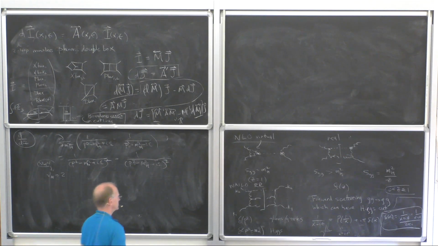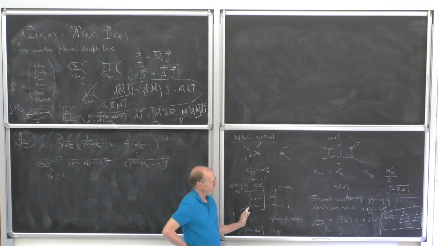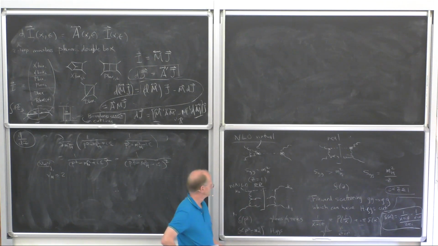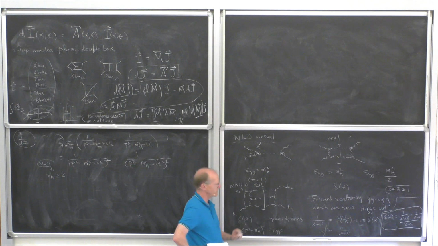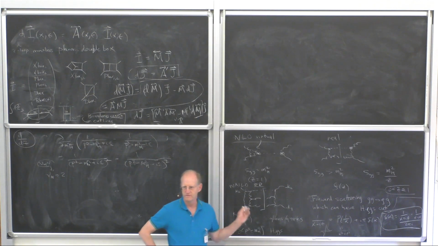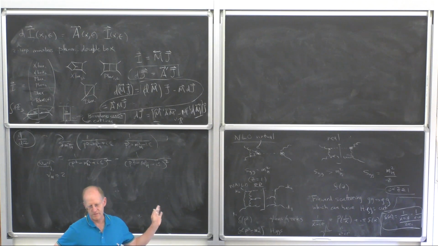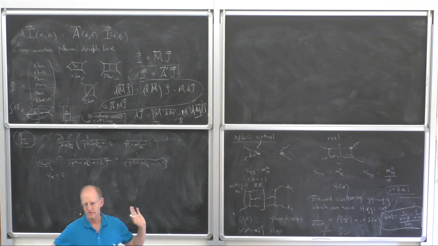Well, this is designed to do the phase space integrals with real radiation. And it might also have virtual corrections as well. So quite often you already know the matrix elements, but you don't know how to integrate them. But if you want a simple enough observable like the total cross-section, then you can use these analytic tricks to do the integrations.